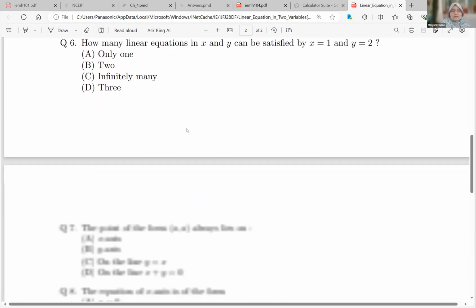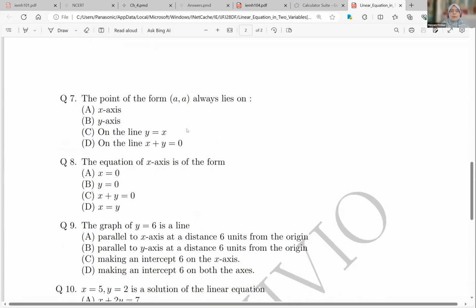All right. Next, the point of the form a comma a always lies on which line? Look at this point very carefully. Let's say you have a point A comma A. In place of x, put A. In place of y, put A. What will you get?